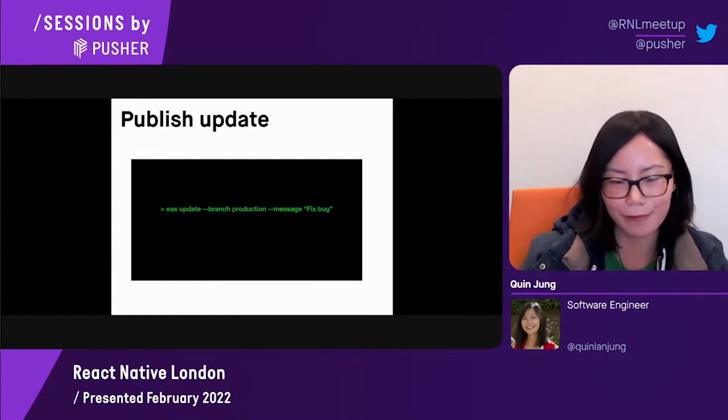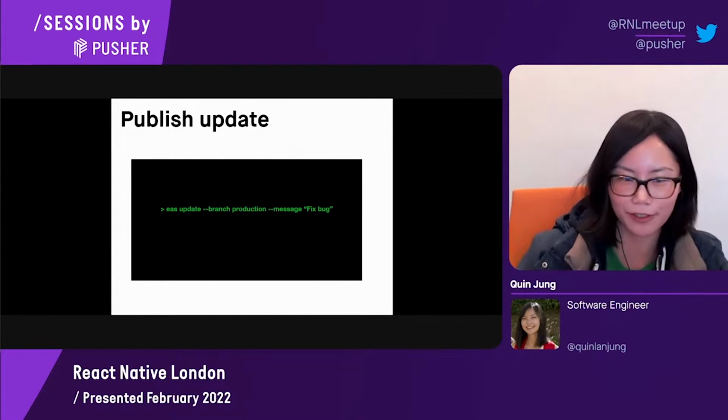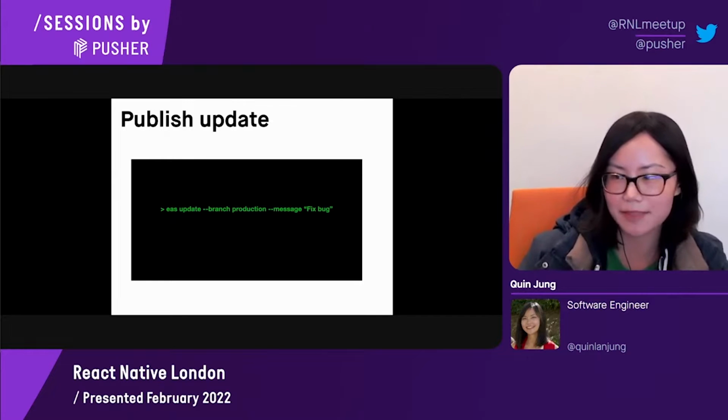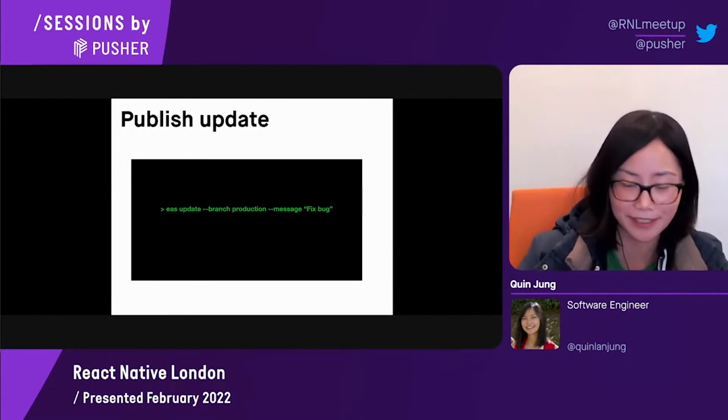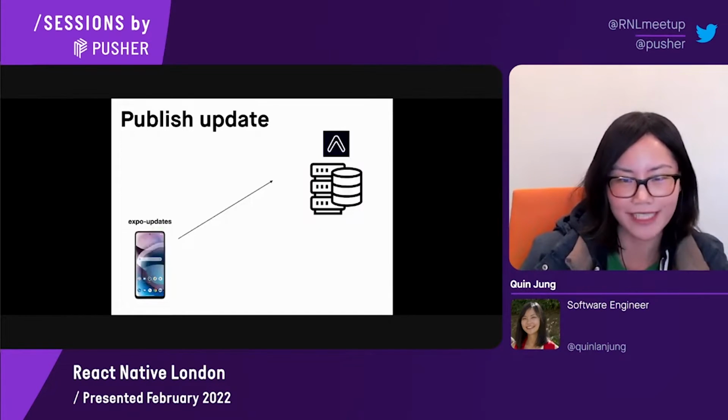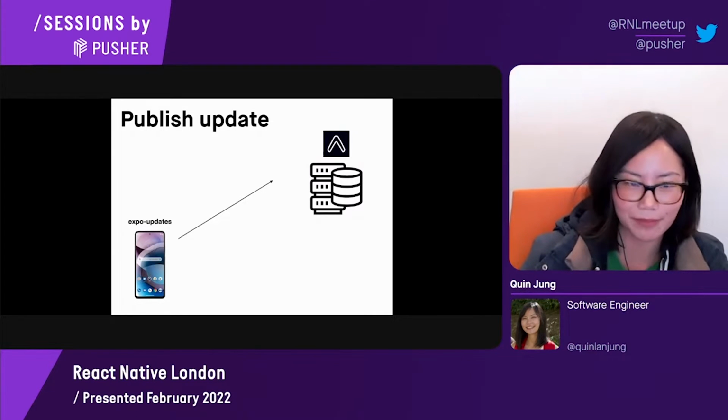And if you recall, we had that nasty bug in your Wordle. So once you've installed EAS Update, you can go ahead and run EAS Update and deploy it to the production branch and specify a human readable message. And in this case, it's fix bug. All right, so let's take a look at what's happening behind the scenes when the end user opens up your app.